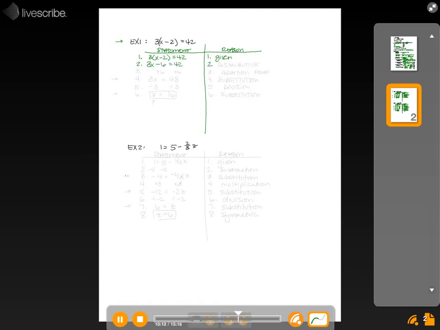And we got that from the distributive property. Now your next step would be to add 6 to both sides. Okay, since we're adding to both sides, that's the addition property.